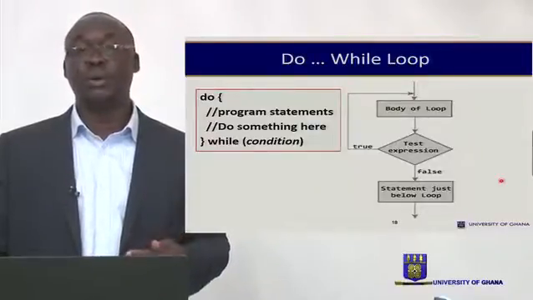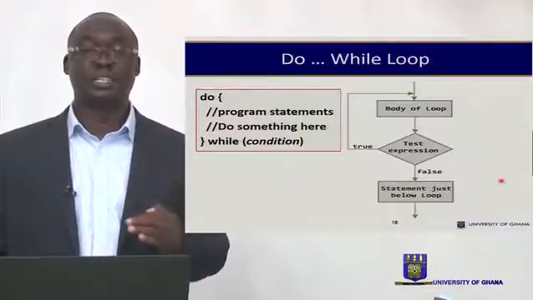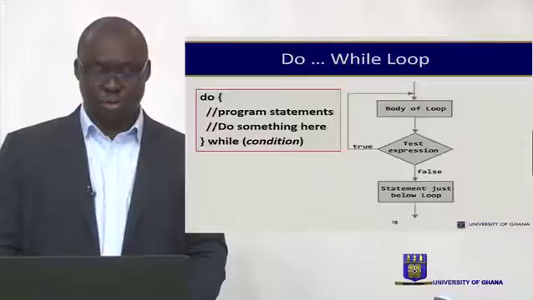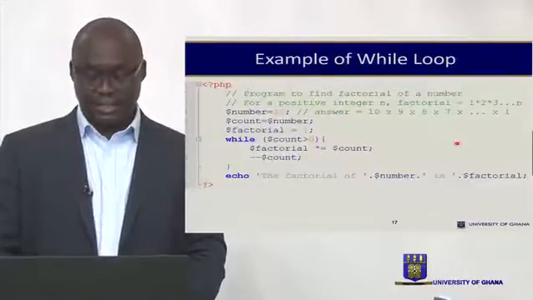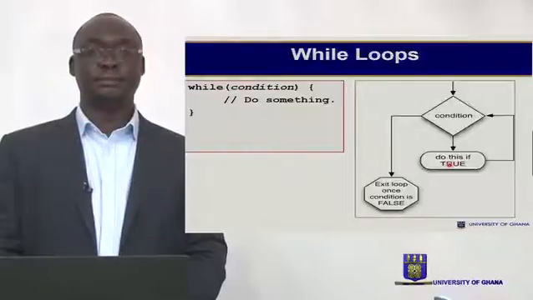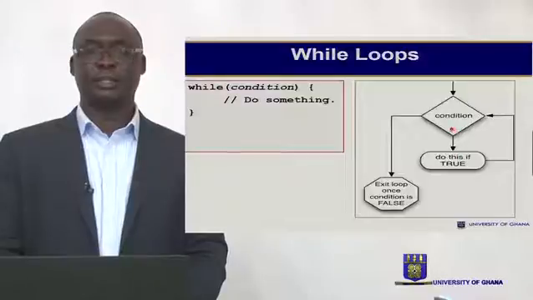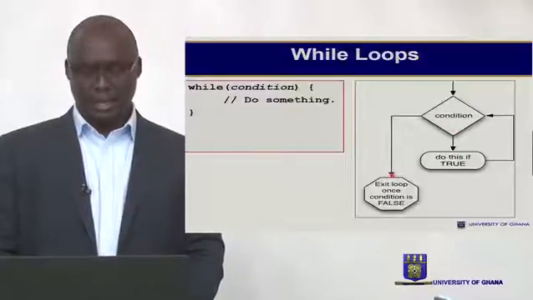For the while loop, the loop may not execute at all because the condition is tested before we execute the loop body. So if the condition is false, the loop body is never executed, so we exit here.